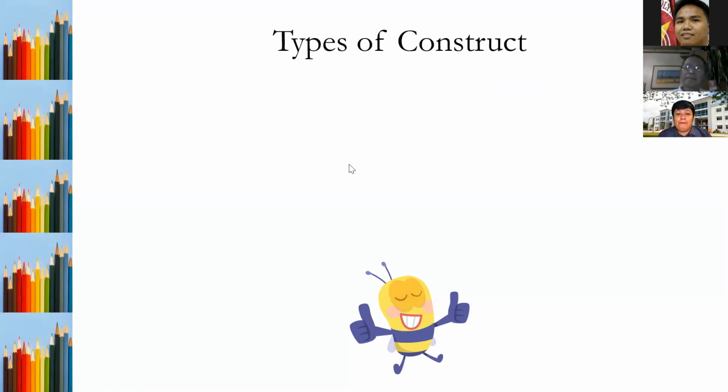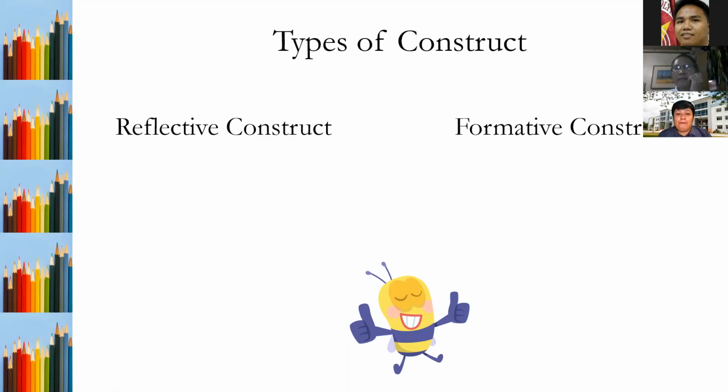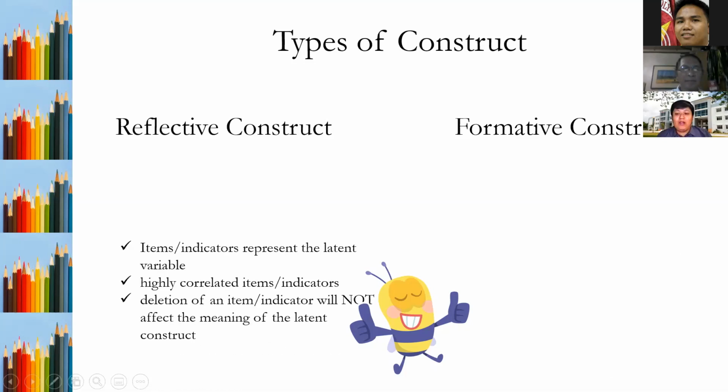If you're going to classify the types of construct, basically we classify them in two extremes: a reflective construct and a formative construct. So what's the difference between a reflective and a formative construct?